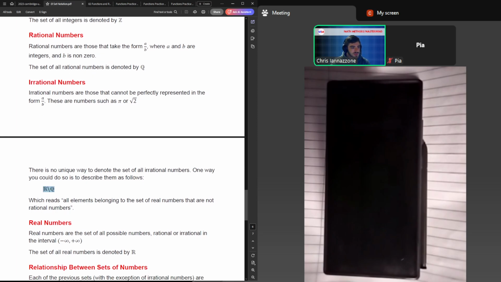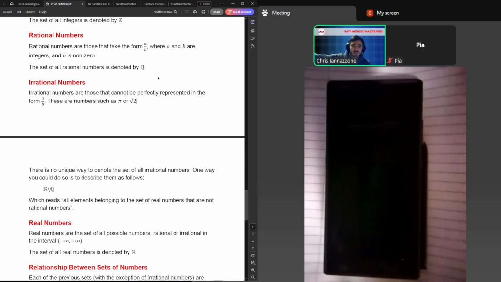Irrational numbers don't necessarily have a letter dedicated to them. If you do need to describe it for whatever reason, you can say that it is all of the real numbers excluding the rationals. When you do that exclusion, all you're left with are the irrationals, things like pi, square root, e, all of these numbers that are infinitely propagating decimals.